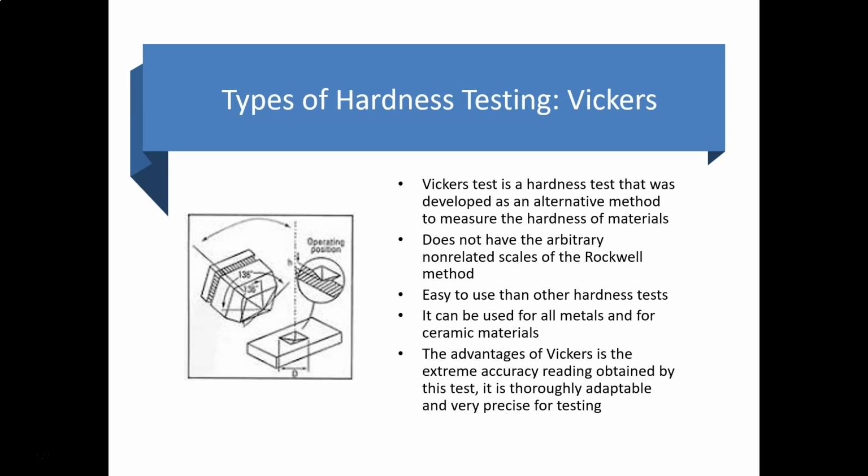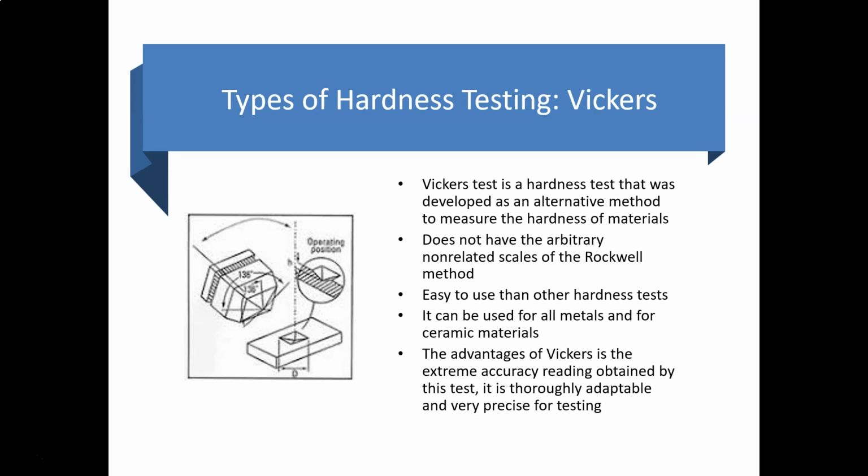Another hardness test is called the Vickers hardness test, that was developed as an alternative method to measure the hardness of materials. It does not have the arbitrary non-related scales of the Rockwell method, and it's easier to use than other hardness tests.